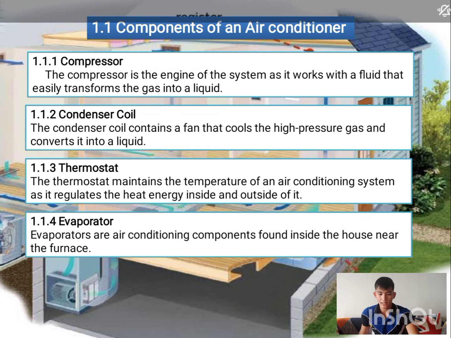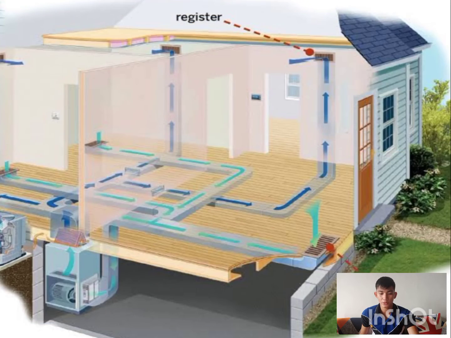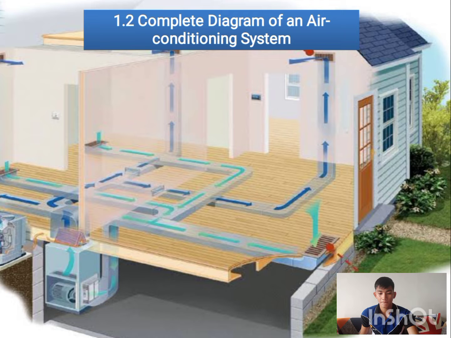And then, last one, air handler and blowing unit. These components of the air conditioner work together to pull air to the evaporator and circulate cool air around the room. The passage of airflow in the room is facilitated by the duct system. And then let's proceed to the complete diagram of an air conditioning system.